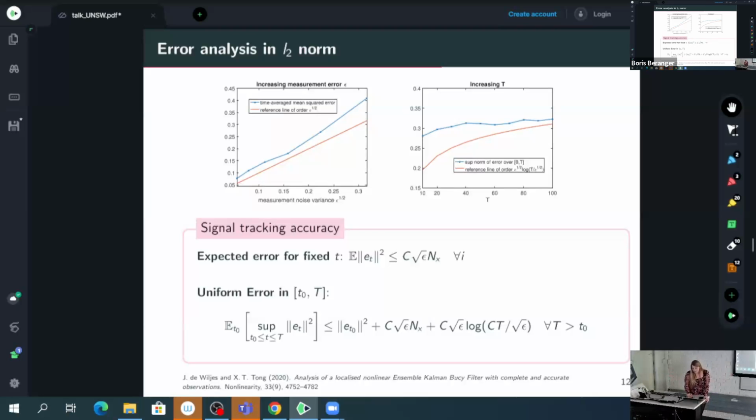And it's at this point not even clear if it's just in one component, but that's something we look at after this, to at least ensure that in each individual component, it actually doesn't depend on the dimension of the state space. So you can be sure that in each individual component, you're actually only making a very small error. And then you can actually also look at a uniform bound for a fixed time interval.